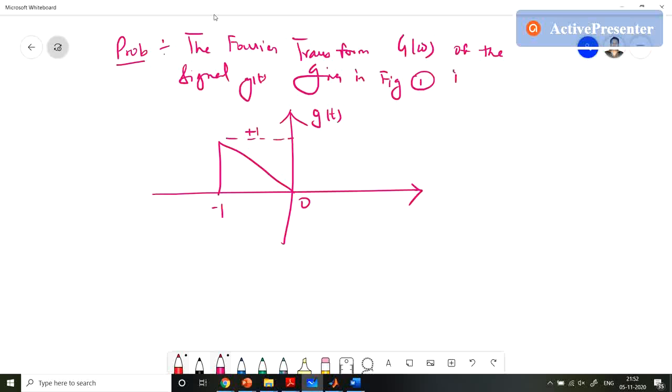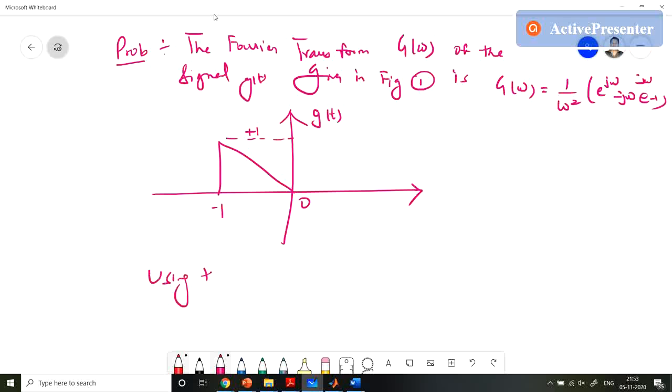G omega, that is the Fourier transform, is equal to 1 divided by omega square, e raised to the power j omega minus j omega e raised to the power j omega minus 1. This is the formula, the Fourier transform for this signal g(t).